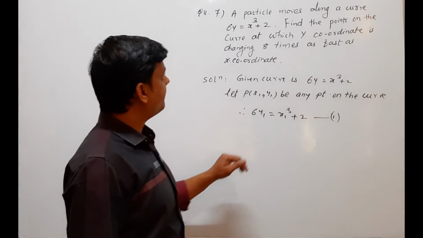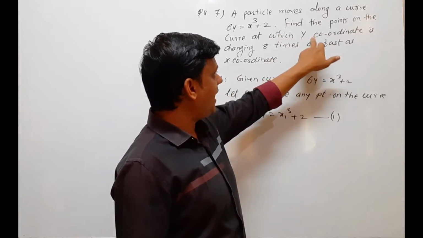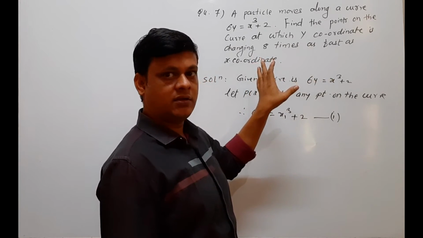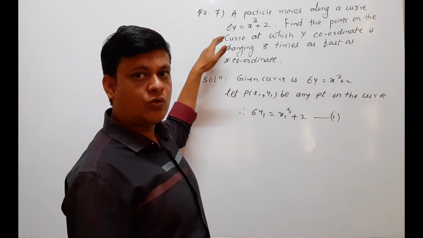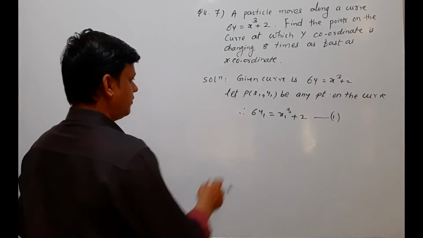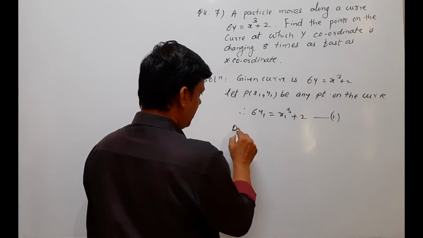Now see here, find the points on the curve at which the y coordinate is changing 8 times as fast as the x coordinate. Here, changing is used, that means we have to differentiate the given function with respect to time. So we differentiate equation 1 with respect to t.